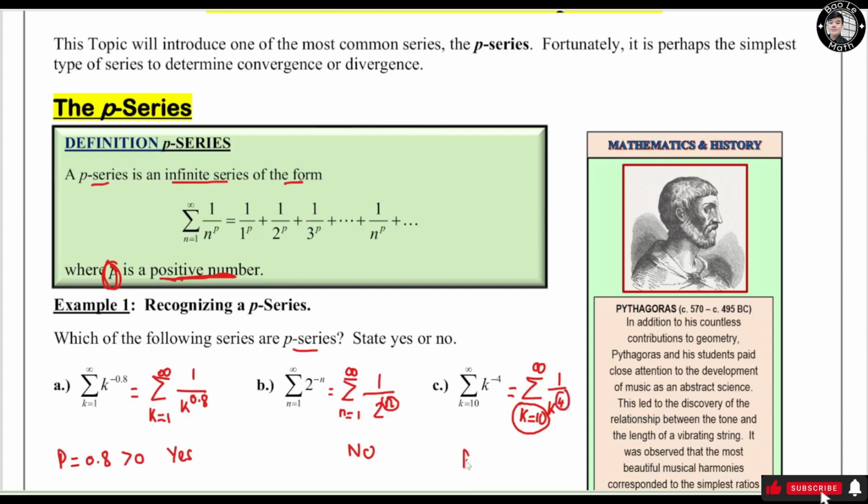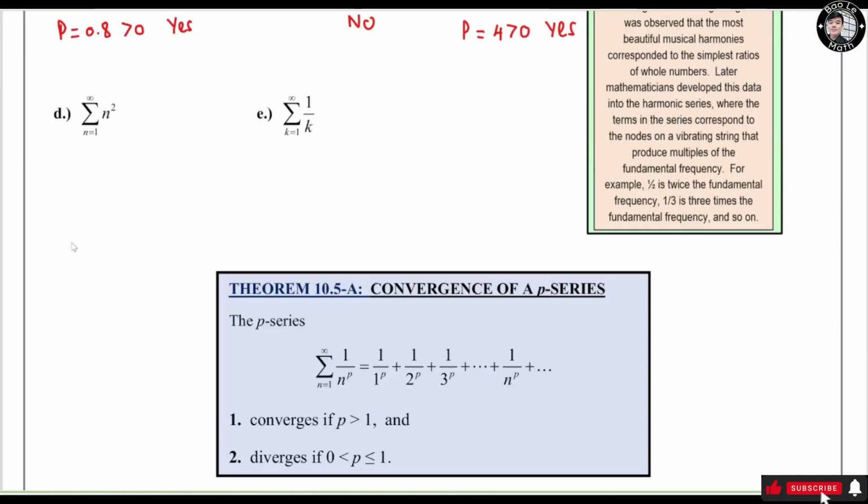So p equals 4, greater than 0, so we're going to say yes. Now question D, this one is not a P series. Now question E, yes, because p equals 1. It's going to be right here.